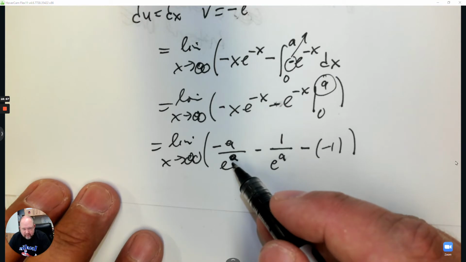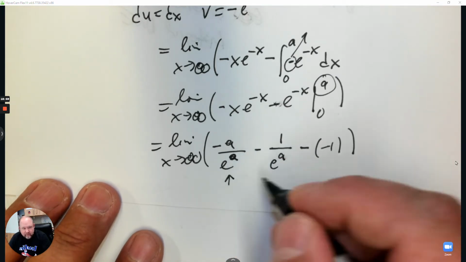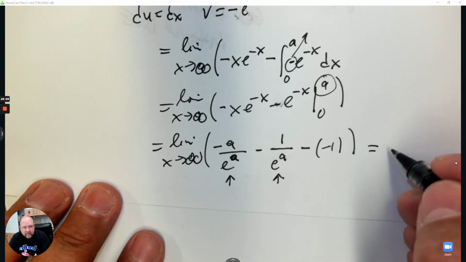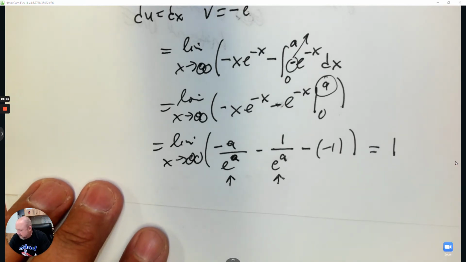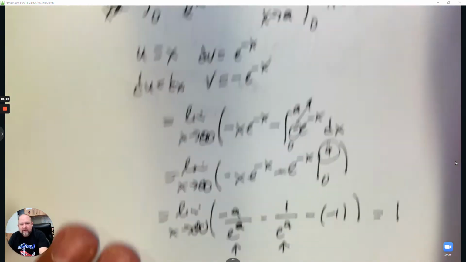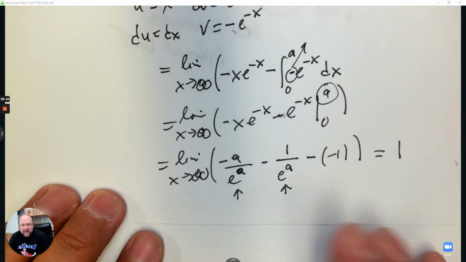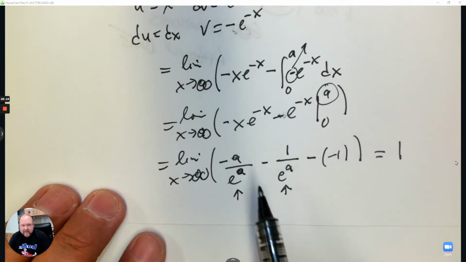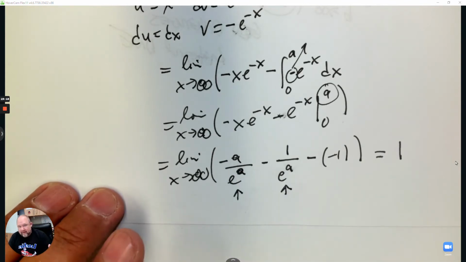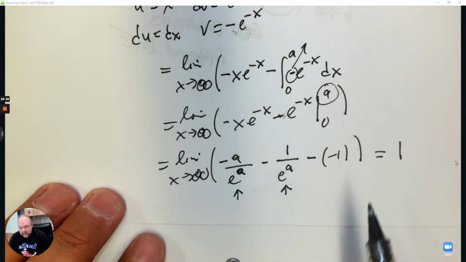And because the bottom is more powerful, this is 0. The bottom is more powerful, this is 0. And then when you subtract a negative, the value of it is 1. Practice, right? And see, obviously, if you don't have a fraction, it's not going to converge to an answer the same way. If you have a fraction and you see the bottom is more powerful, that's what converges to 0. That allows us to get an answer.